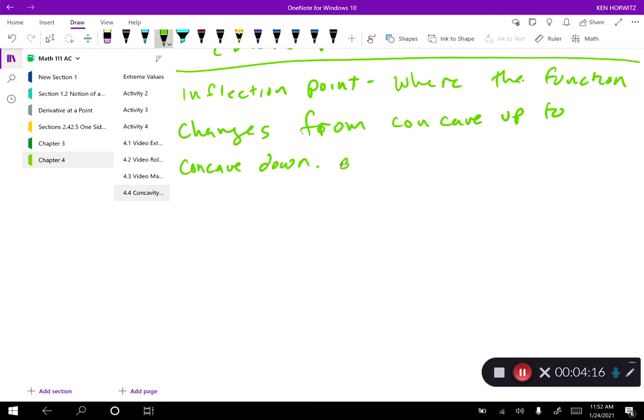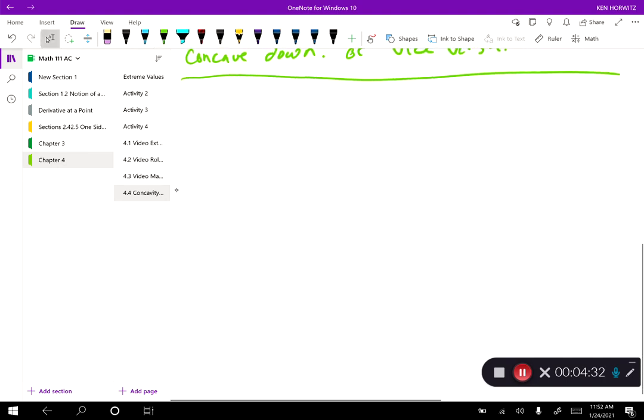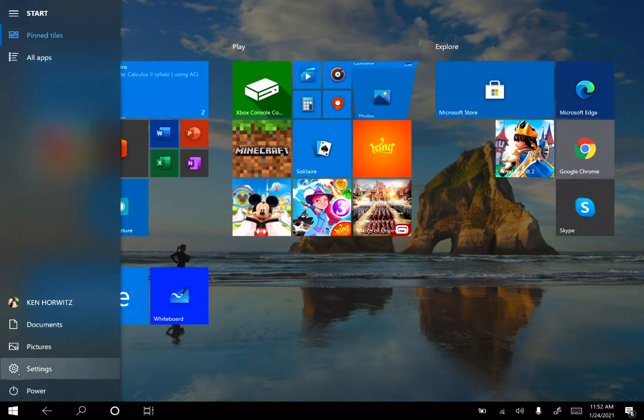It could change from concave down to concave up as well. So, I think the best way to illustrate this is with an example, because I can talk you through what we're doing conceptually as well, and a lot of people can follow examples.